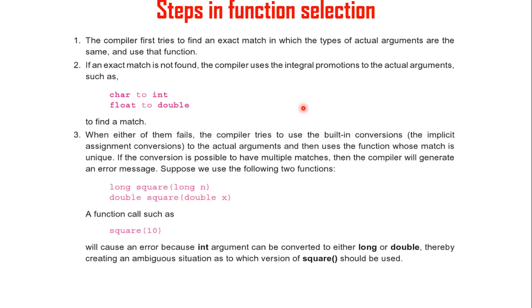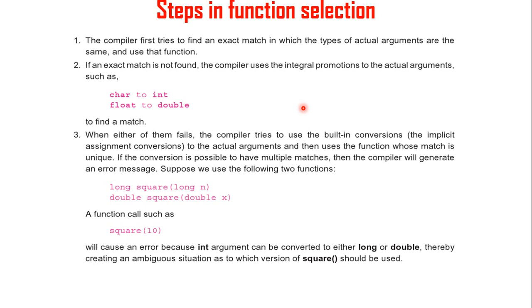When that fails, meaning the actual arguments are not working and even the integral promotions are done and you are still not able to find a match, then the compiler will try the built-in conversions on the actual arguments, so that if a match is found, it can be used.